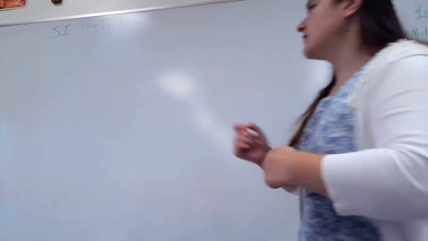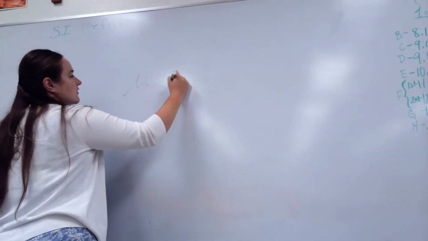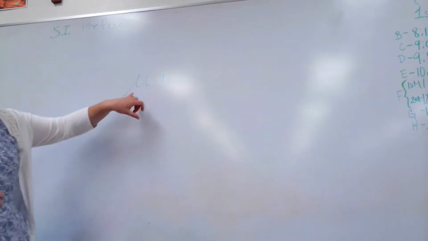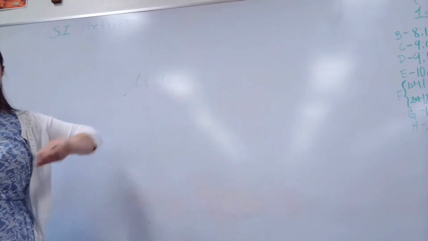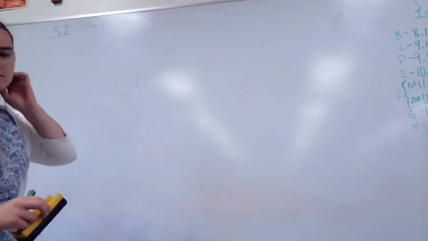The prefix for micro is actually a Greek letter. So if you see something written like this, that's not just a fancy U. That is the Greek letter mu. So this would be micrometers. Cool. So that's the prefix for that abbreviation. So that's micro.